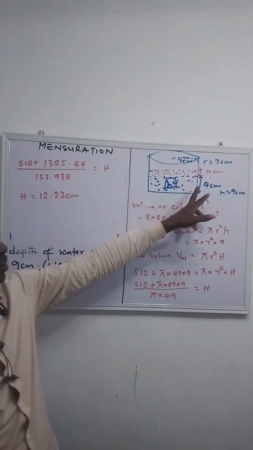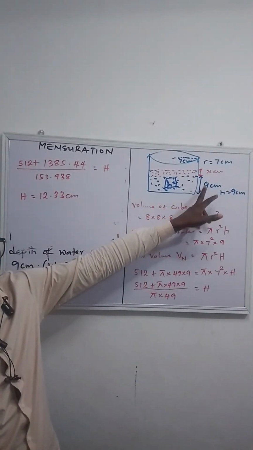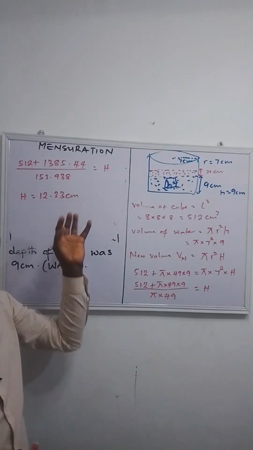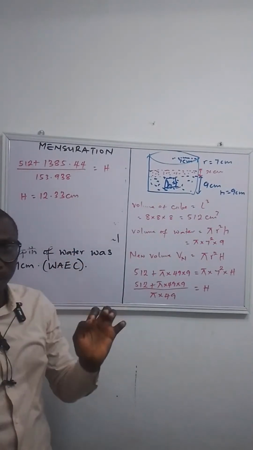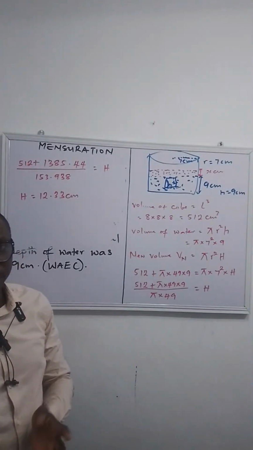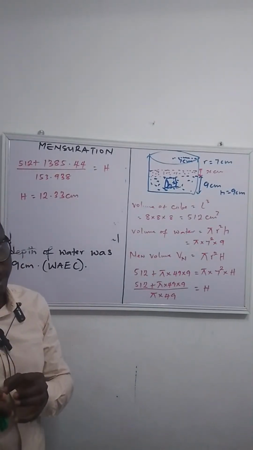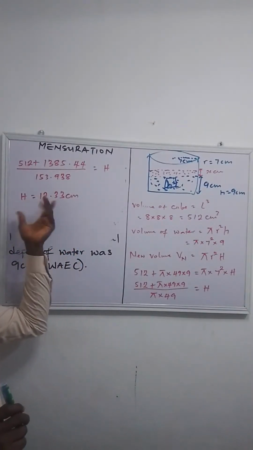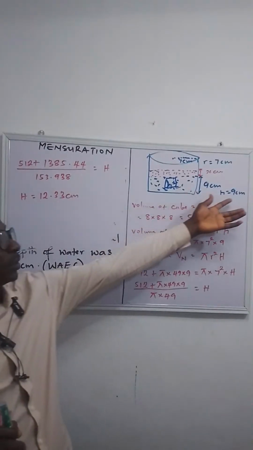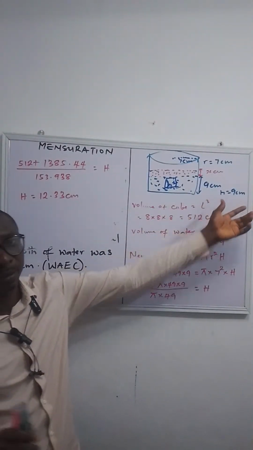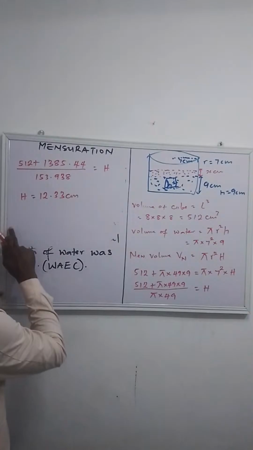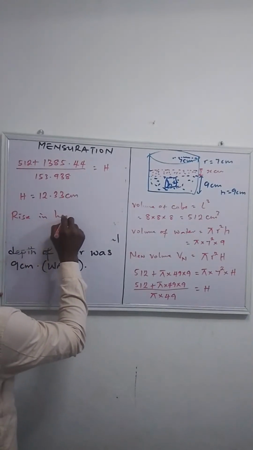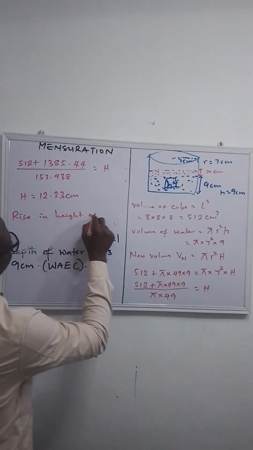You can see the height has increased from 9 to 12.33. But what the question is asking for is the rise in height. So what's going to be the rise in height? It's going to be the difference between this new height and the original height. So we have the rise in height of water.